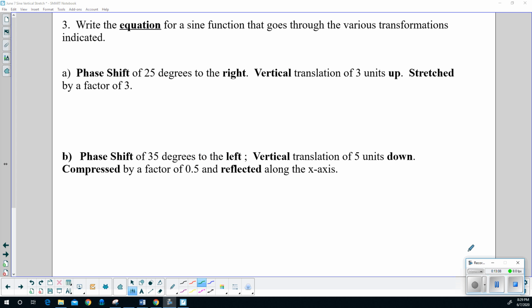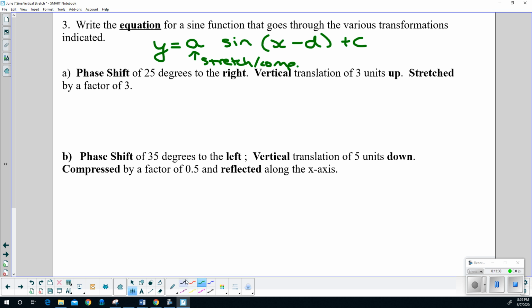So let's start putting things together. So what do we have? We know that y equals a sine (x minus d) plus c. So these are all the pieces that we've looked at. So a, we said, is our stretch or compression.